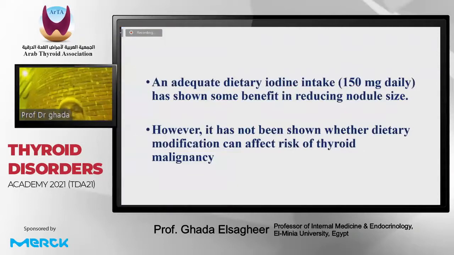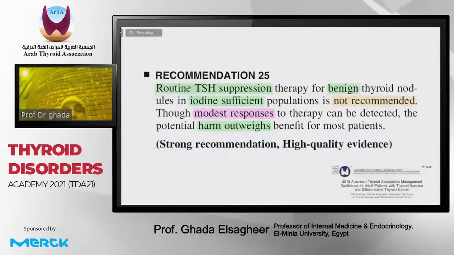Adequate dietary iodine intake, about 150 micrograms daily, has shown some benefit in reducing nodular size. However, it hasn't been shown whether dietary modification can affect the risk of thyroid malignancy. And this is a recommendation of the American Thyroid Association, 2015: routine TSH suppression for benign thyroid nodule in an iodine sufficient population is not recommended.